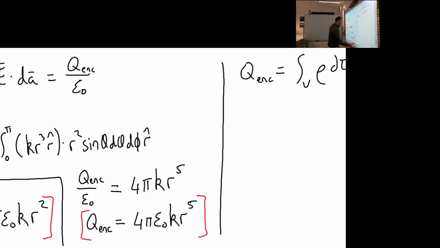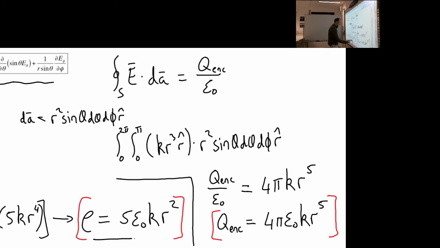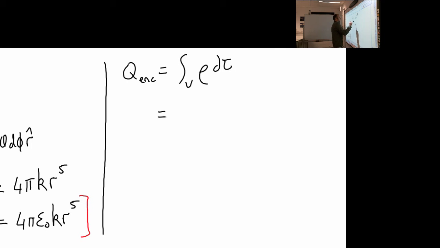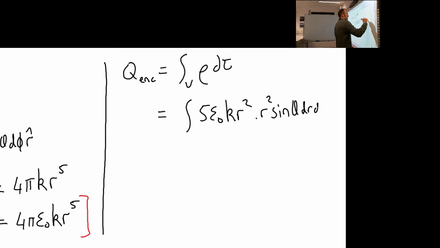Rho here, we just calculated before, is given by 5 epsilon naught k r squared, and our volume integral over the sphere is given by r squared sine theta dr d theta d phi, and we have our integrals between 0 and r, 0 and pi, and 0 and 2 pi.